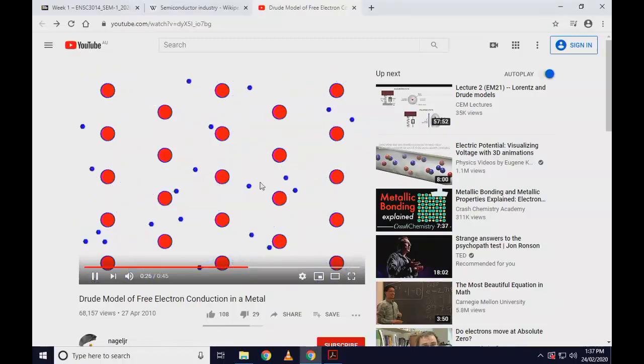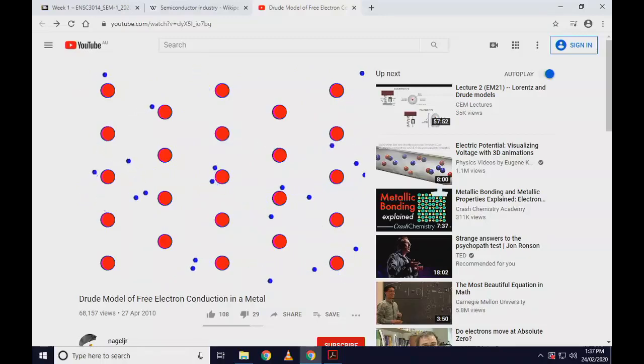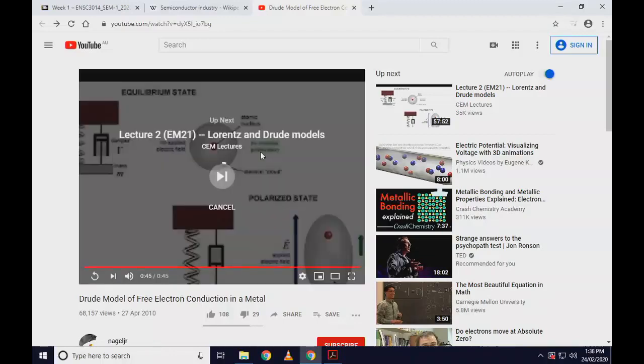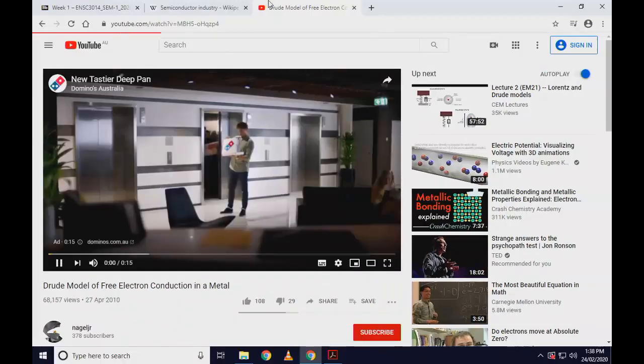If you look at any particular location, the number in a particular area changes, right? So this whole thing is varying, and so we talk about these electrons as if they're a gas in a container that you might have studied in high school, Boyle's law and so on, where you change the pressure, volume and so on, and you'll see the speed change and all that sort of stuff.